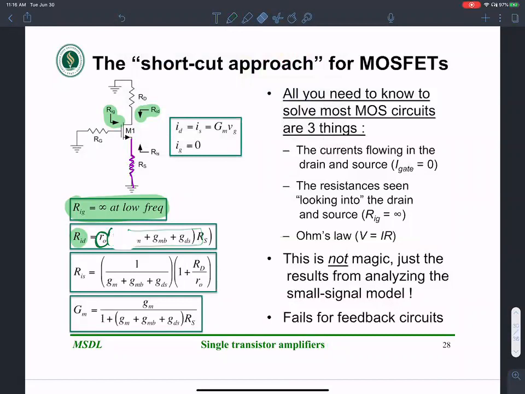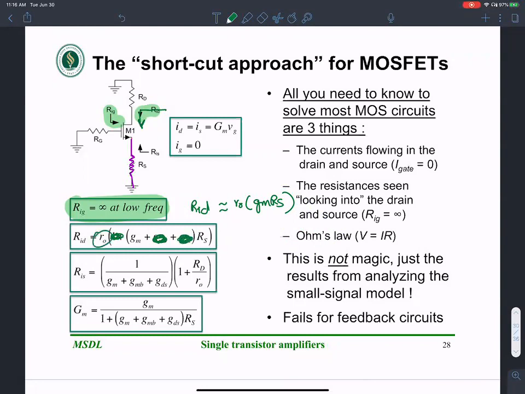I'll give you a crude approximation for all of this. RID, the resistance looking into the drain of a MOSFET with a source degeneration, is approximately R naught times GM RS. It's a very crude approximation. I'm going to ignore a whole bunch of terms. I'm going to ignore this one over here. I'm going to ignore this GMB over here. This is coming from the body effect. I'm going to ignore this GDS, which is 1 over R naught.